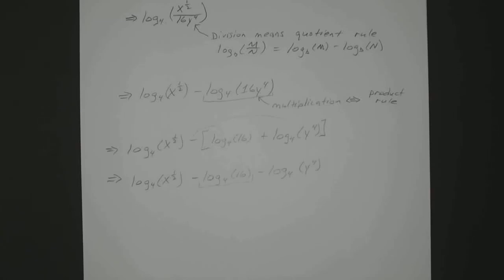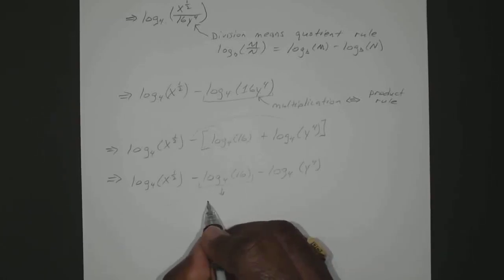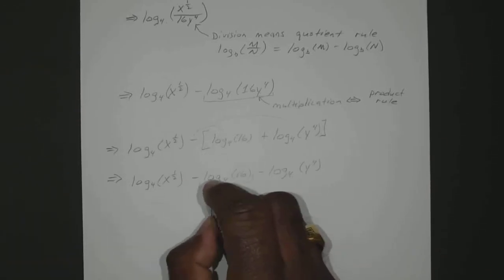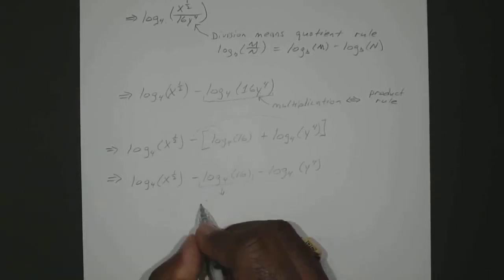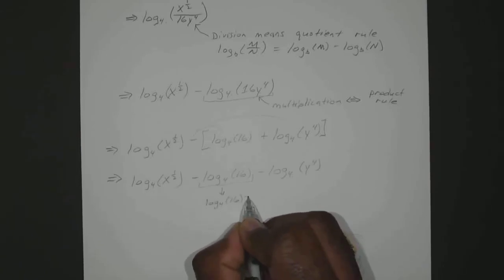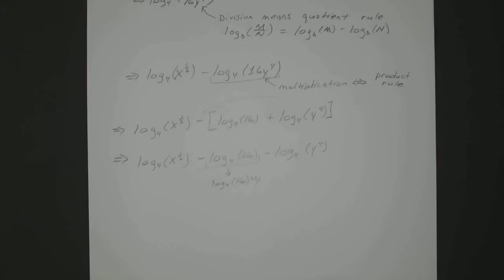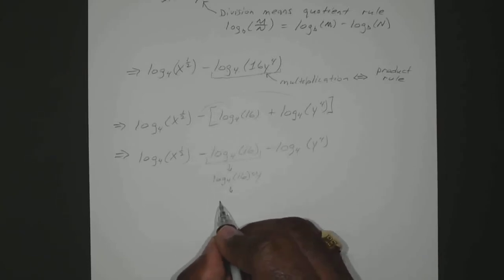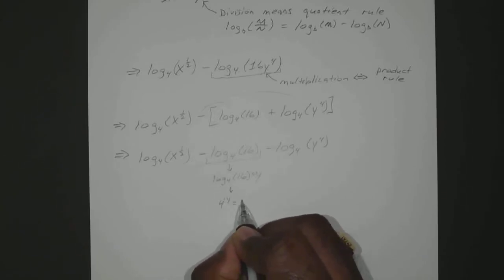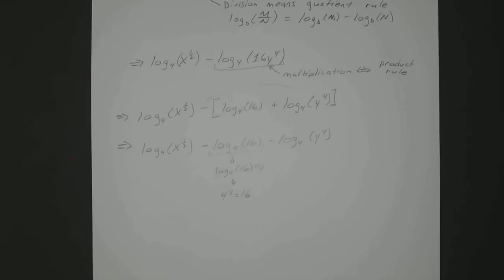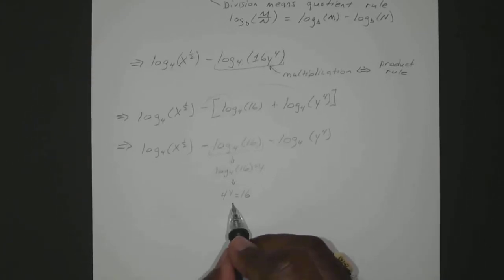So, log base 4 of 16 equals y. So we have our base to the power of y equals x. That means you have 4 to the power of y equals 16. 16 is just 4 squared.